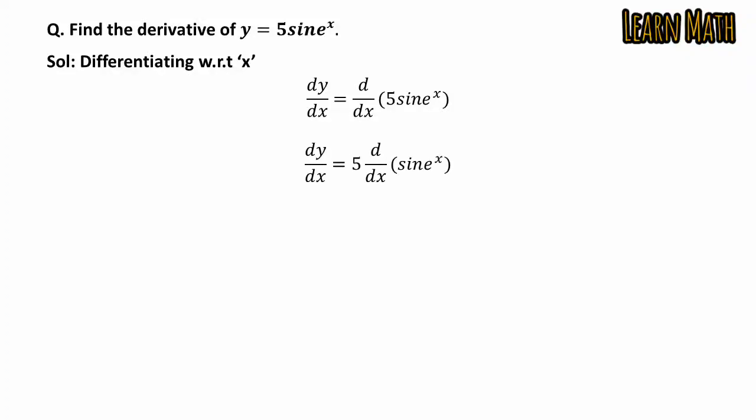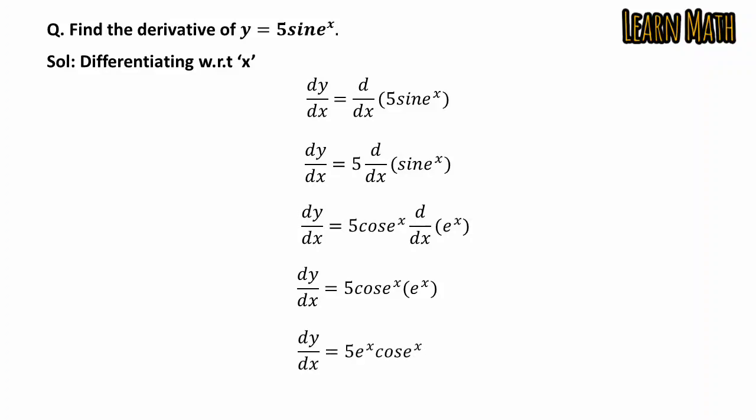As we know, the derivative of sin(e^x) is equal to cos(e^x). So dy/dx is equal to 5 cos(e^x). Again take the derivative of e^x. dy/dx is equal to 5 cos(e^x) as it is, and the derivative of e^x, which is e^x. Now simplifying, dy/dx is equal to 5 e^x cos(e^x).